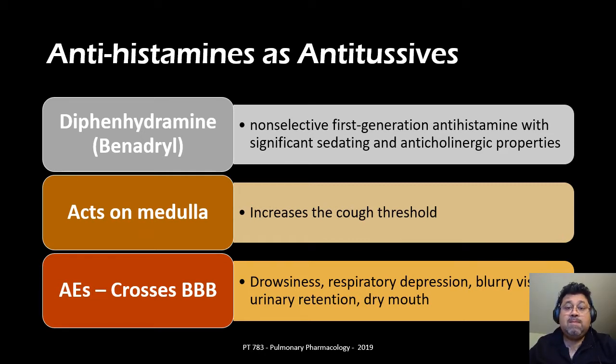It works on the medulla by increasing the threshold for cough. Now, these antihistamines cross the blood-brain barrier, and therefore they cause drowsiness, respiratory depression, blurry vision, urinary retention because of the anticholinergic effects, which is also going to cause dry mouth. So anticholinergic features: urinary retention and dry mouth.